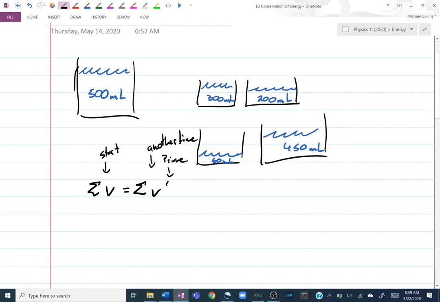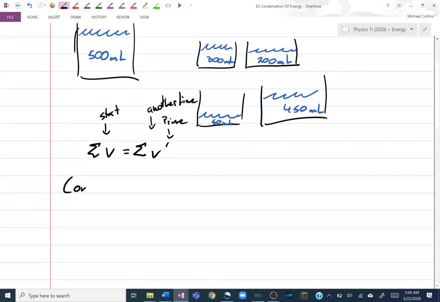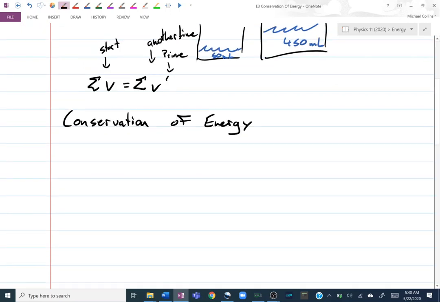So conservation of energy is written like this. Sigma, which means to add up all of the energy at one time, is going to be equal to all of the energy at another time.